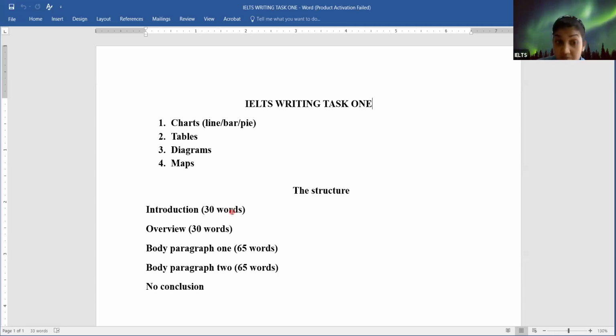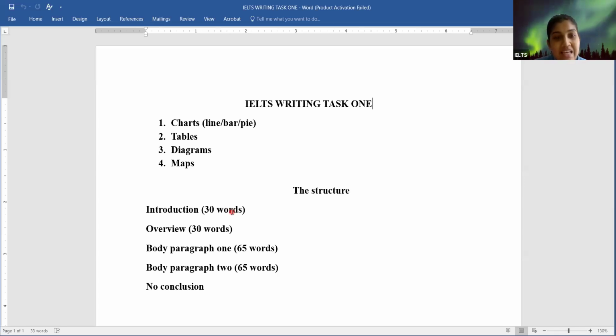Okay, then you have to develop the overview like that. When we come to body paragraph 1, in body paragraph 1, you can illustrate the most highlighted points of the figure. Figure means it may be a chart, table, diagram, or a map. Then you can develop your body paragraph 2 to illustrate the rest. It means minor points. And remember, there's no conclusion in your IELTS writing task 1.